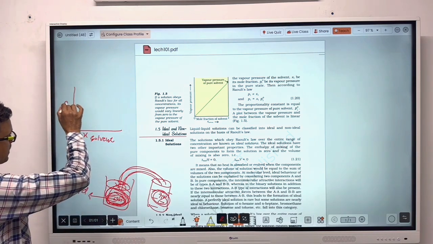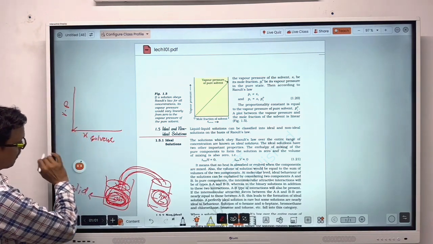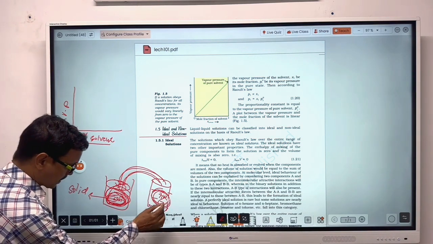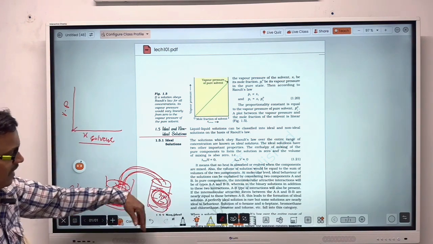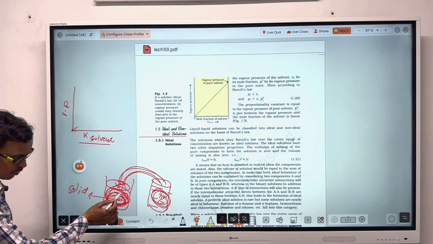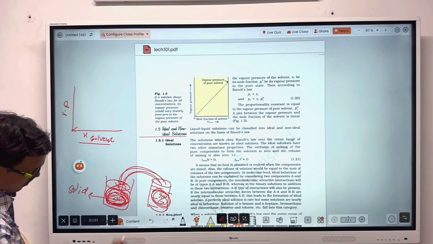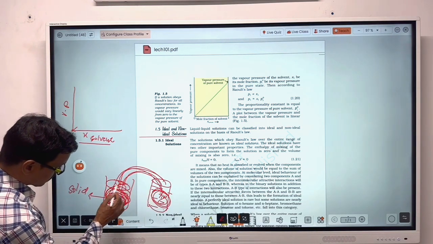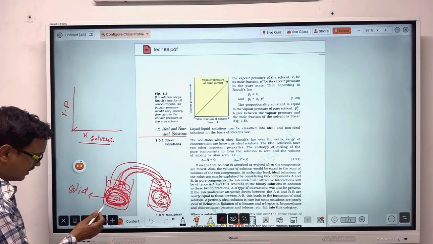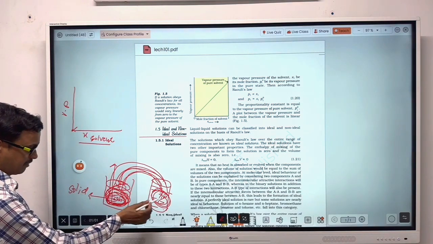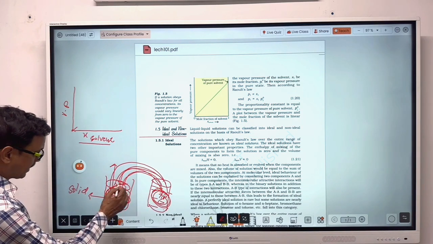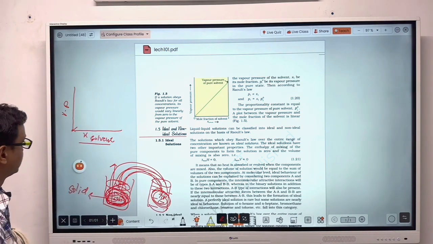And the vapor pressure is directly proportional to the mole fraction of solvent, because only liquid particles will undergo the vapor phase. The salt which you have taken doesn't undergo the vapor phase. Only when you add this liquid to this container will the vapor pressure increase, because only the liquid particles will undergo the vapor phase. So you have added, so vapor pressure increases.